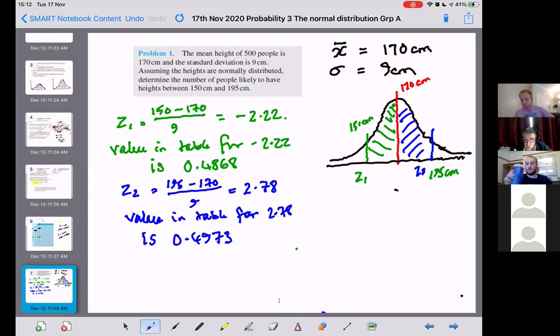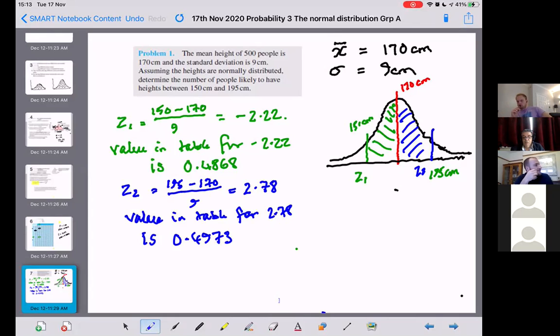The Z1 comes out with negative, James, because it's to the left of the mean, it's lower than the mean. But in terms of finding the probability in the table, it doesn't matter whether it's positive or negative. So you wouldn't have to write a minus, you'd just write 0.4868. Yes, that's right.